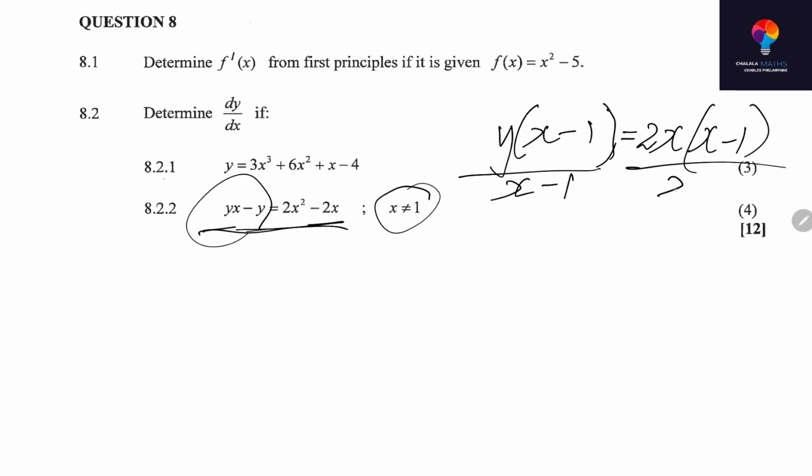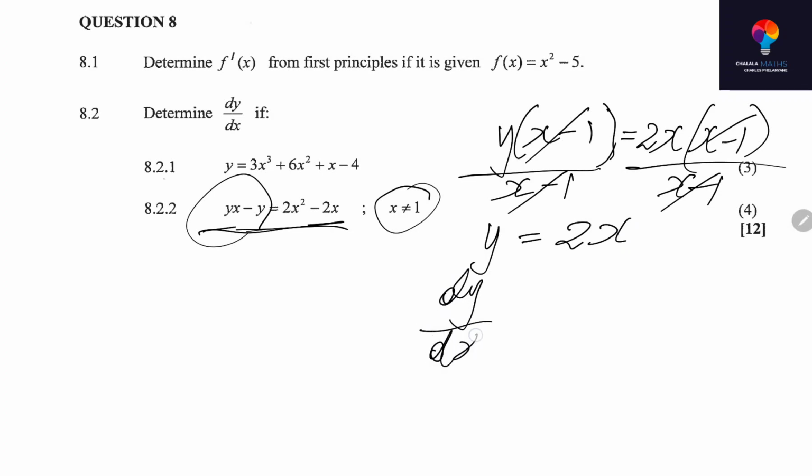Even on the right side, we have to divide by x minus 1, which is going to give us y, because this one is going to cancel this one. We're going to get 2x, and dy by dx of 2x is 2. 1 is going to come here, then 1 minus 1 is 0, then anything to the power 0 is equal to 1. So that is our derivative of this expression.